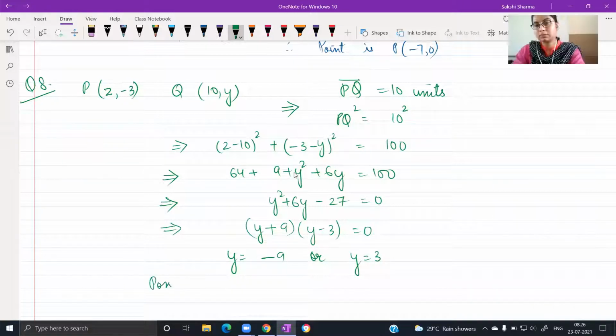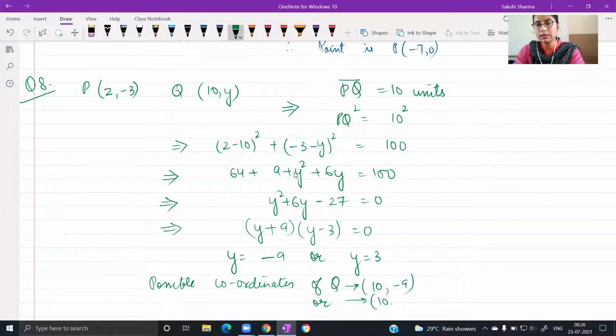So possible coordinates of Q: 10, -9 or 10, 3.